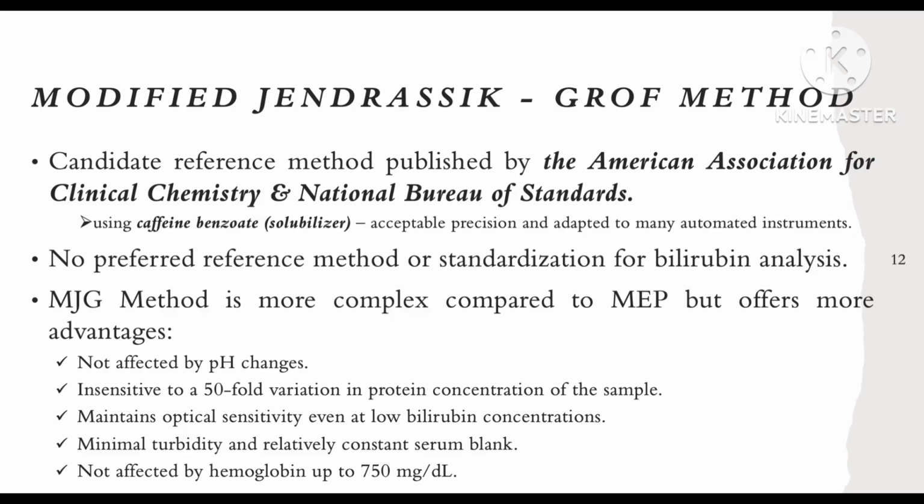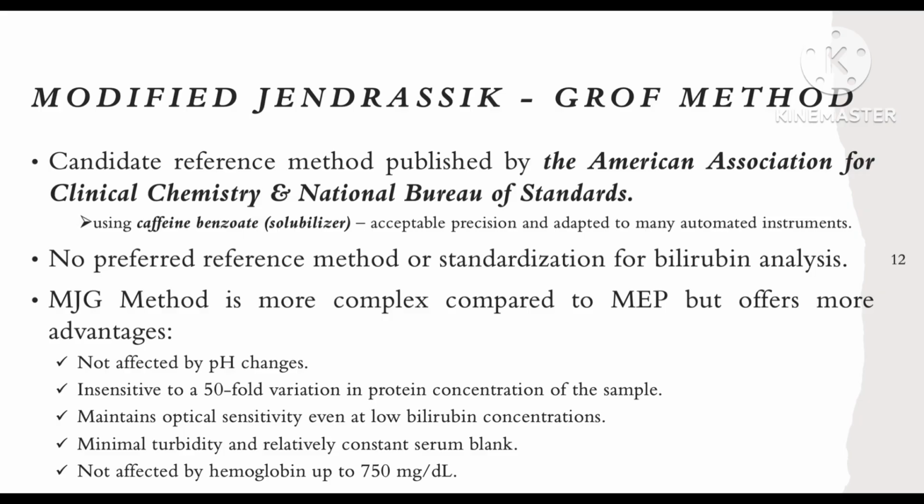The modified Jendrassik-Grof method is more complex compared to that of the Malloy-Evelyn procedure, but this method offers more advantages because it is not affected by pH changes. So it's less sensitive to pH and light. It can produce a stable color because it is less fading. So it maintains optical sensitivity even at low bilirubin concentrations.